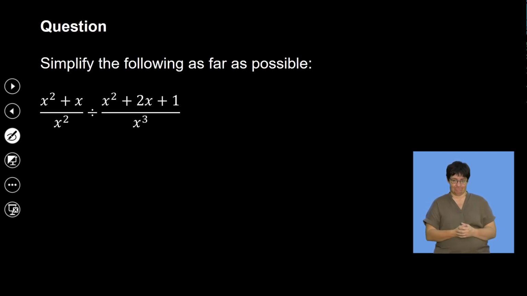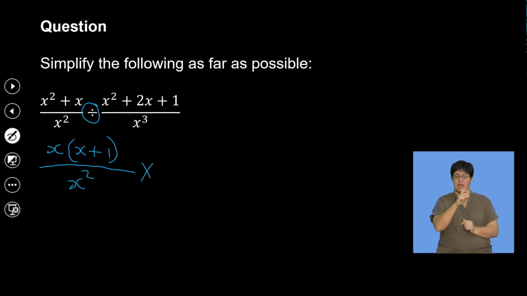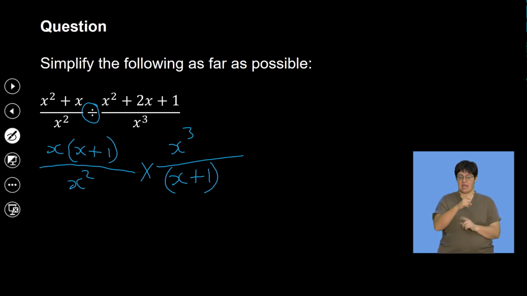Now, let's look at when we are dividing. When we are dividing, what we need to do, remember I said tip and times. So this will be x into x plus 1. Already I'm factorizing. This is x squared. Then it will be multiplied by x cubed over, and here I can factorize this as well, x plus 1 into x plus 1.